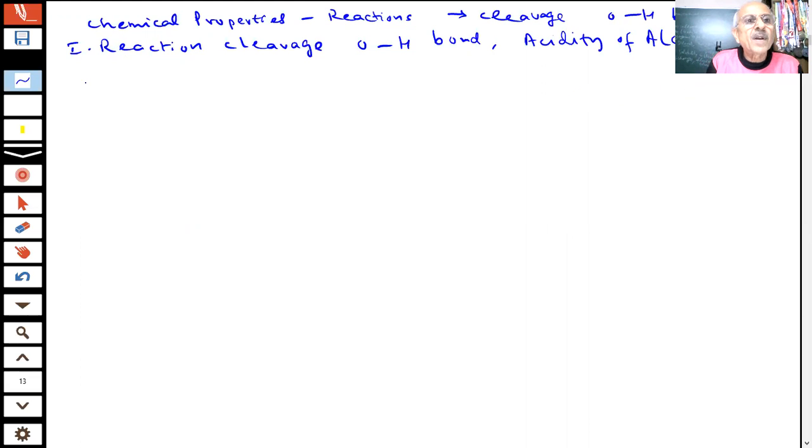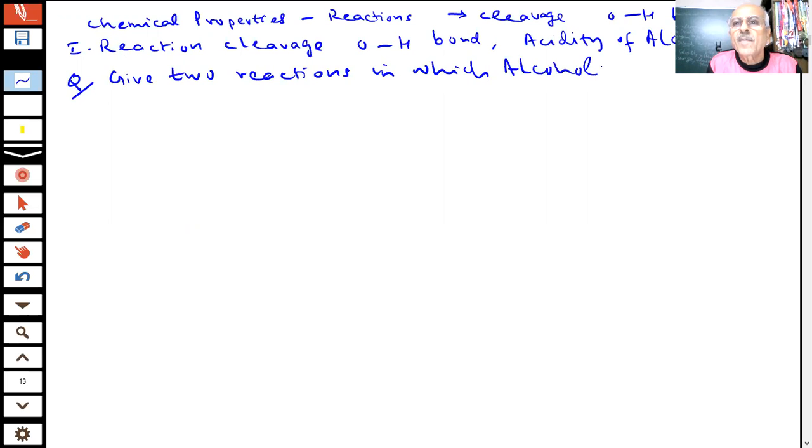Therefore, if a question is given to you, as my lectures keep on answering questions which have been asked in papers: give two reactions in which alcohols act as acids. Question noted. I am giving the reactions in which the OH bond is breaking.